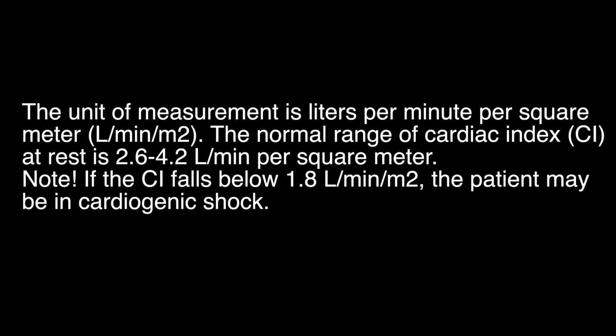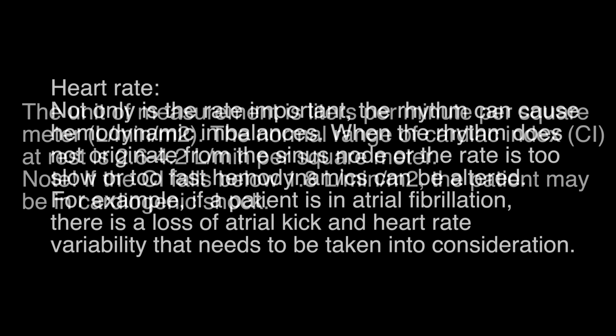The unit of measurement is liters per minute per square meter. The normal range of cardiac index at rest is 2.6 to 4.2 liters per minute per square meter. Note: if the CI falls below 1.8, the patient may be in cardiogenic shock.